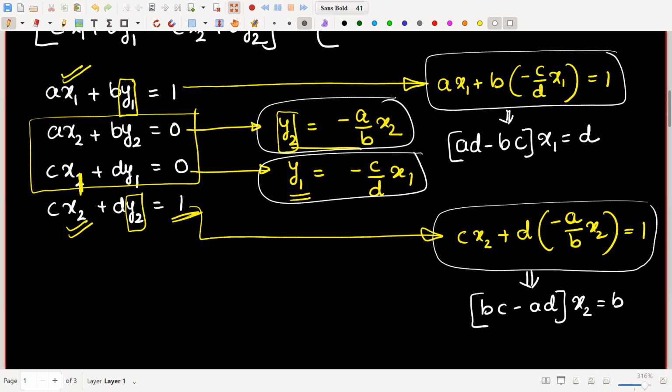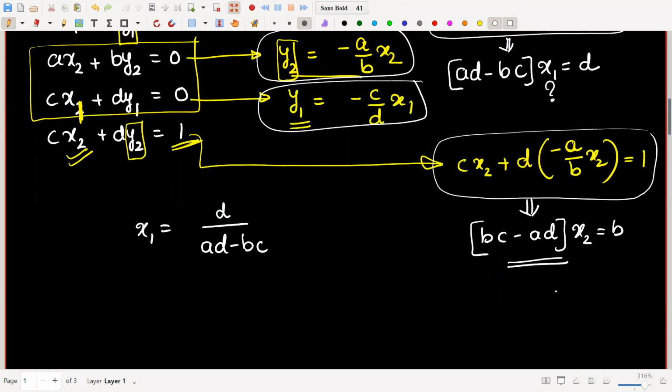So x1 is d over ad minus bc, and x2 is equal to b over bc minus ad.